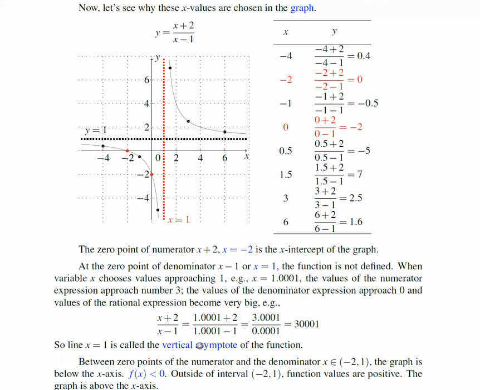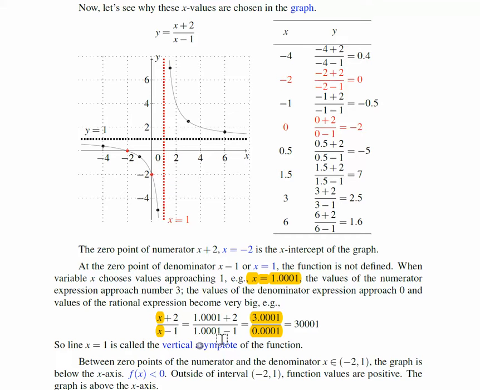Because when you choose x equals 1.0001 and plug into the expression here and here, you get the numerator is approximately just 3, and the denominator is very close to 0.